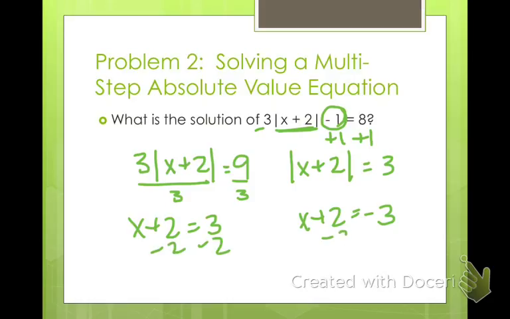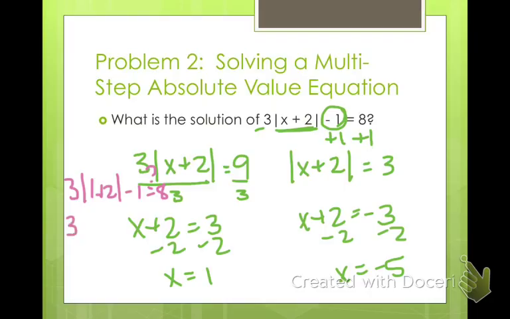Subtract 2 from both sides to get x equals 1, x equals negative 5. So again, you need to make sure you go back and check and make sure that your solutions work. So let's see, 3 times 1 plus 2 minus 1, does that equal 8?